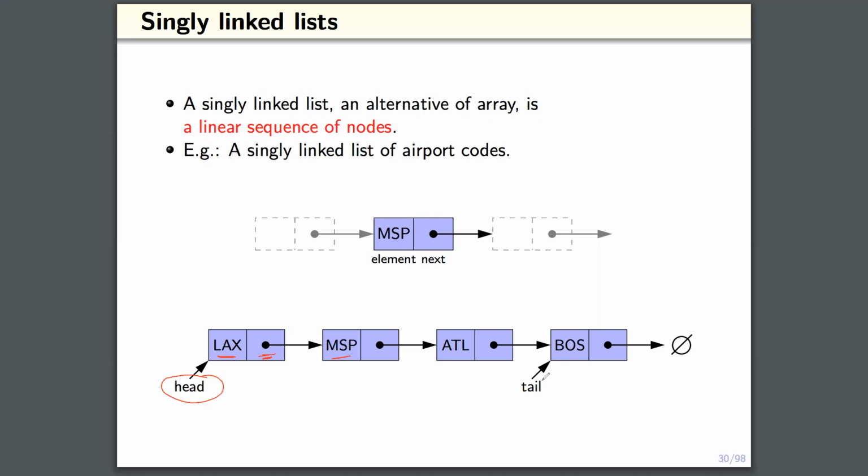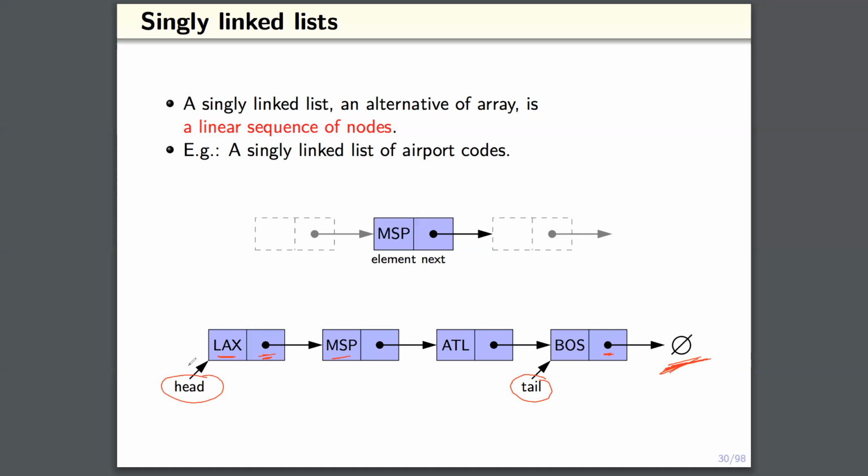The last node is called the tail node. What happens? The tail node points to which other node? It points to a special value called null. Null means the end. Null is a special object in programming languages. So this is your singly linked list.